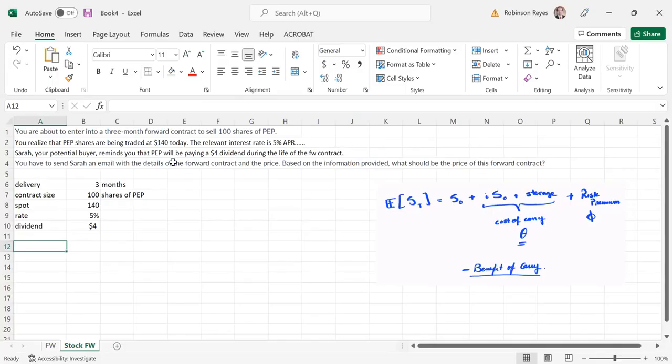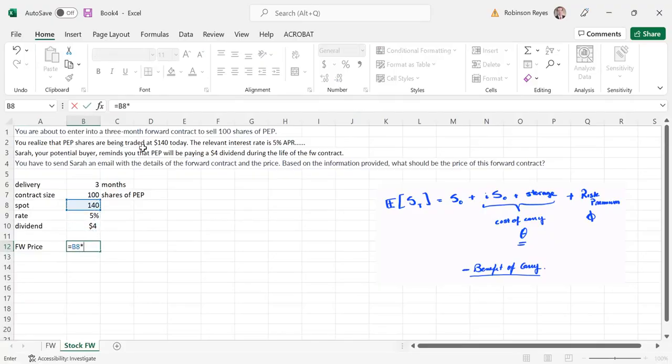In this case, it is not a whole year, so it is not as simple as multiplying by 1.05. We will have the forward price, and we will have the spot, and then we will multiply by 1 plus the rate, but we acknowledge that it is not a full year, so we're not going to raise this to the power of 1 anymore, but instead to the power of how much 3 months is out of a whole year.